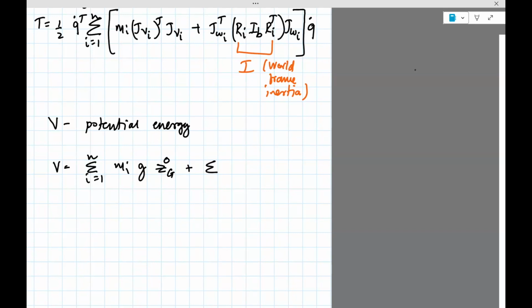And then anything which has a potential, for example if you have a spring, we've not really talked about springs in this class. If there are springs, then you would just put the spring energy also over here: RPi minus RP0, times the spring constant.